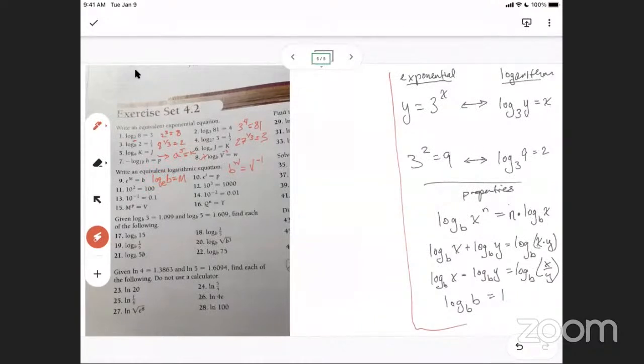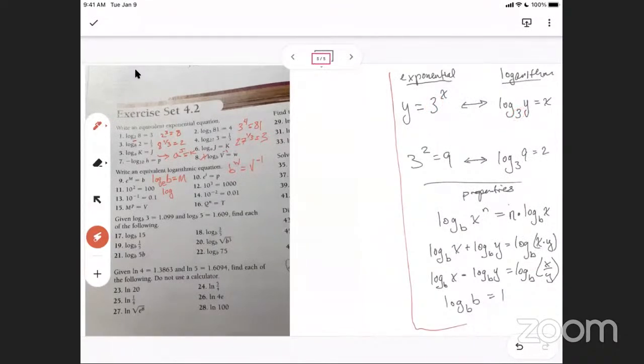Look at number 1 again. What was the exponent in this expression? 3. And see how 3 is my logarithm? The log base 2 of 8 is 3. That's what they mean when they say a logarithm is an exponent. You'll hear that a lot. So continuing, this would be log, and the base is always the base. The base of the exponent is the base of the log. See how those are both the base?